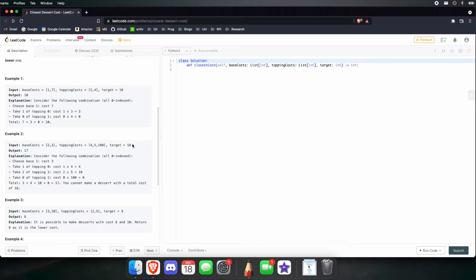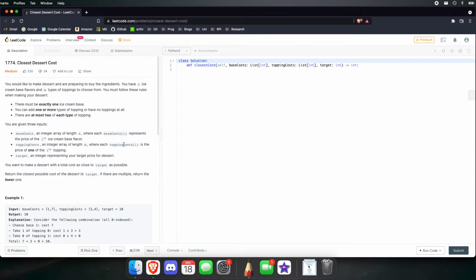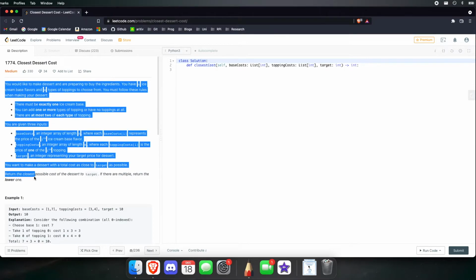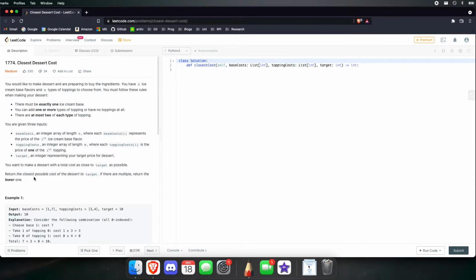And that's the closest we can get to our target price. Now I usually draw it out, but I'm not going to do it for this case because I believe it's pretty straightforward from this description. And this shows just how important it is to read the description and fully understand what it is telling us.